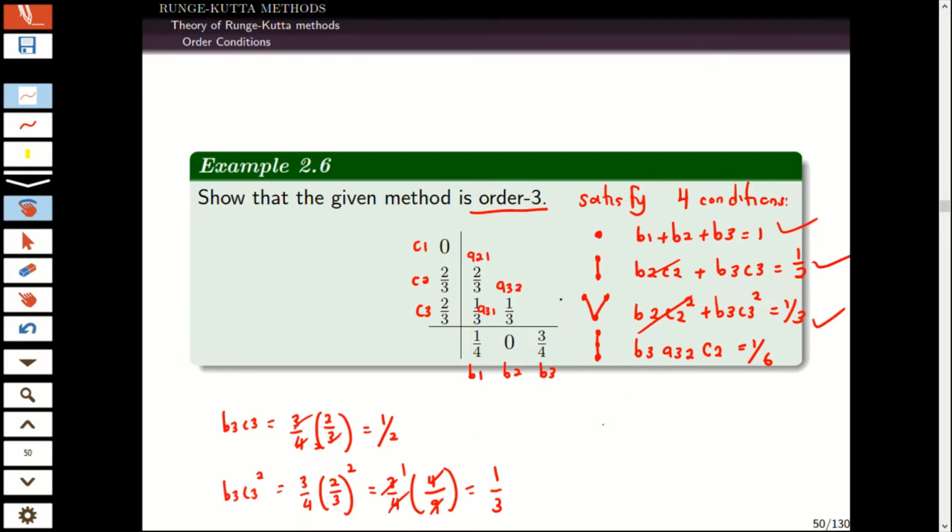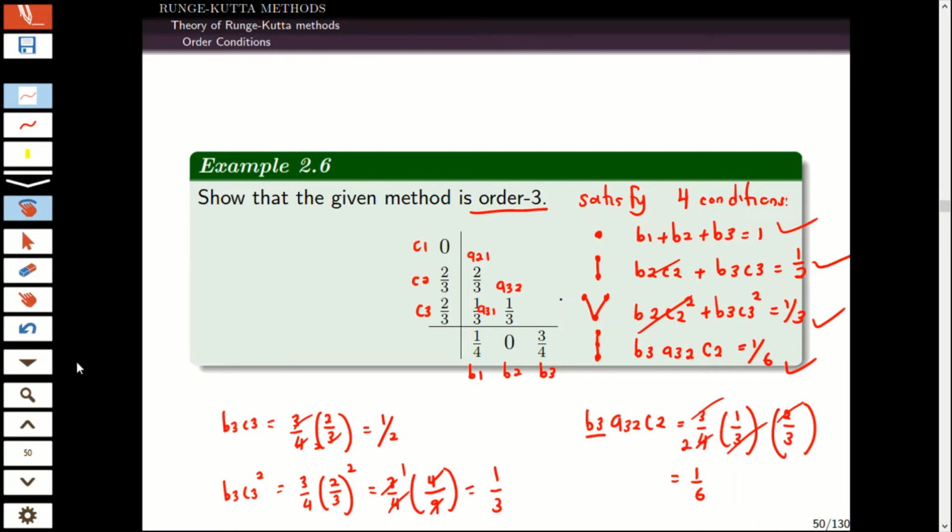Now to find b3 a32 c2, we have b3 is 3 over 4, a32 is 1/3, and c2 is 2/3. Cancels out, 2 and 2 give you half, and then 1 over 2 times 1 over 3 is 1 over 6. Satisfied. So since it satisfies all 4 conditions, the method is therefore order 3.